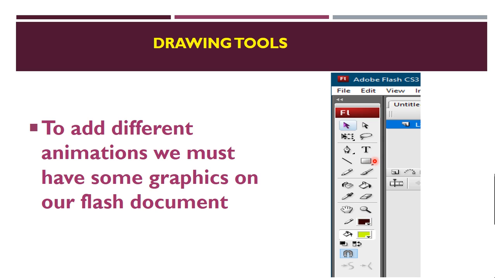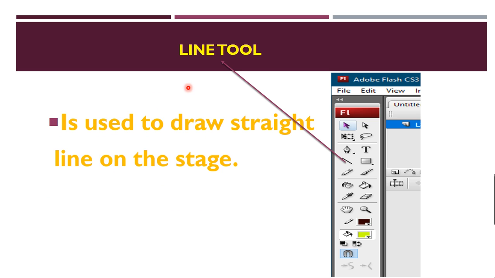In our book, two to three types of drawing tools are discussed. The first one is the line tool, which is used to draw a straight line on the stage. That line can be of different textures, which we will see practically on our Flash screen.